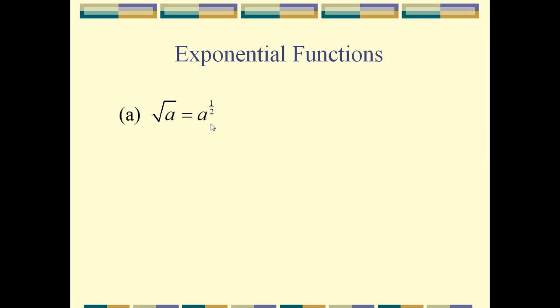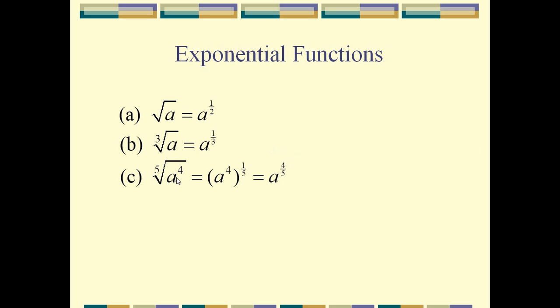The first one, root a, is just a to the power 1 over 2, and the cube root of a is just a to the power 1 over 3, and the fifth root of a to the power 4 means a to the power 4 and then power 1 over 5. So you multiply this with the 4, and you will have a to the power 4 over 5.